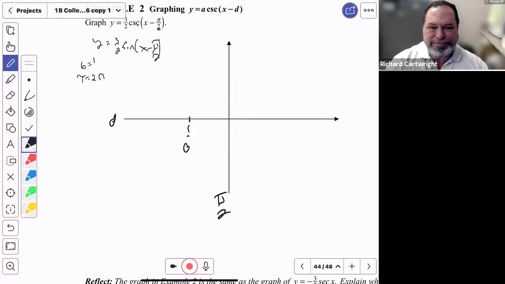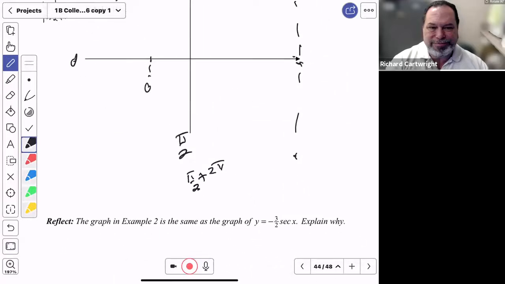So I'm going to go from pi over 2 and say, well, it typically will end in 2 pi, right? It'll end over here. So what is that number? Pi over 2 plus 2 pi is how much? Isn't it 5 pi over 2 if I did it right? Tell me if I'm wrong.